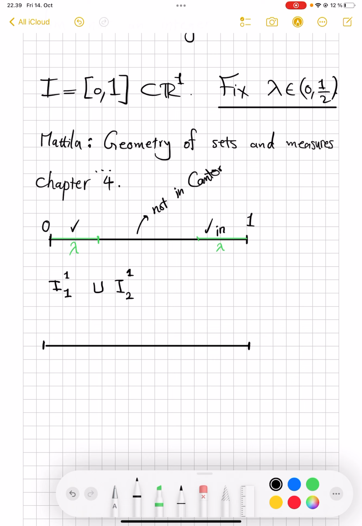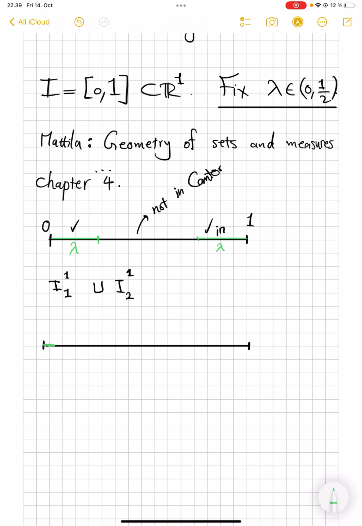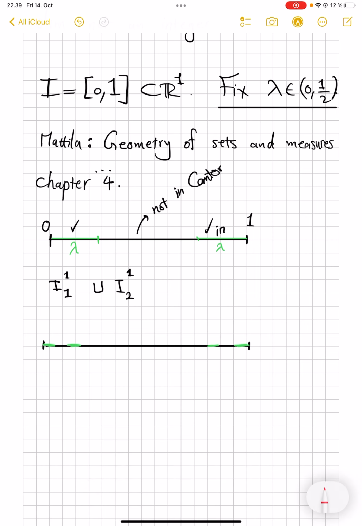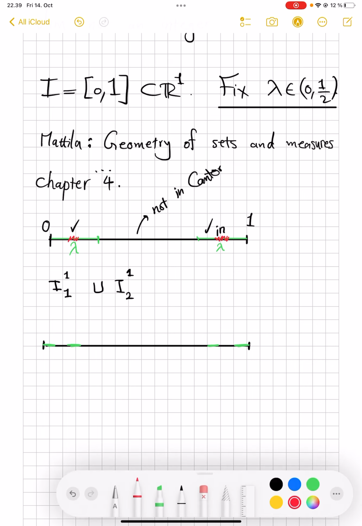So we will be left with 4 intervals, and there will be this and this. So we removed the middle from here, so we cut this out. So that will be outside, and only the green part will be here.